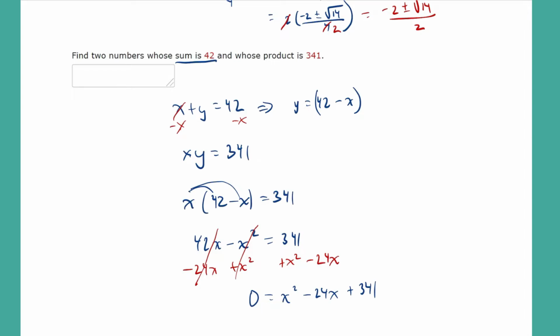Let's try some smaller numbers. How about 15 times... No, we're going to have to try smaller. How about 12 times... So I'm getting closer. How about 10 times 32? No, let's try 11 times.